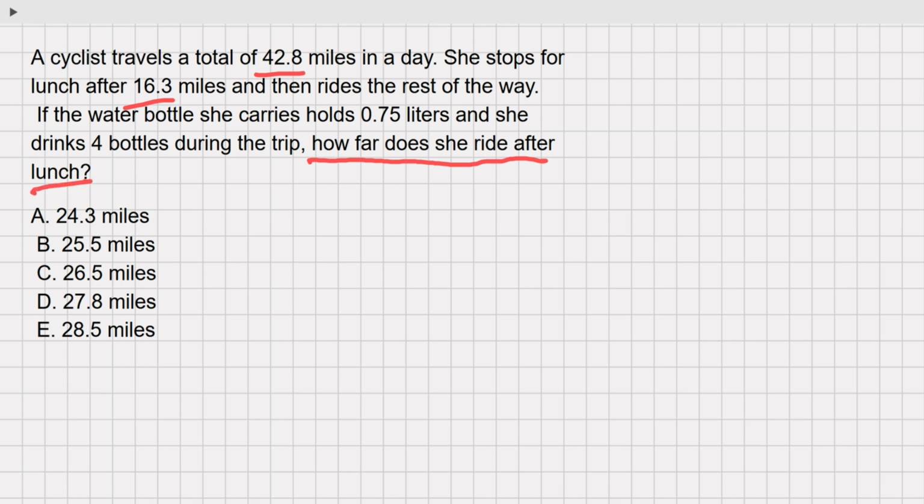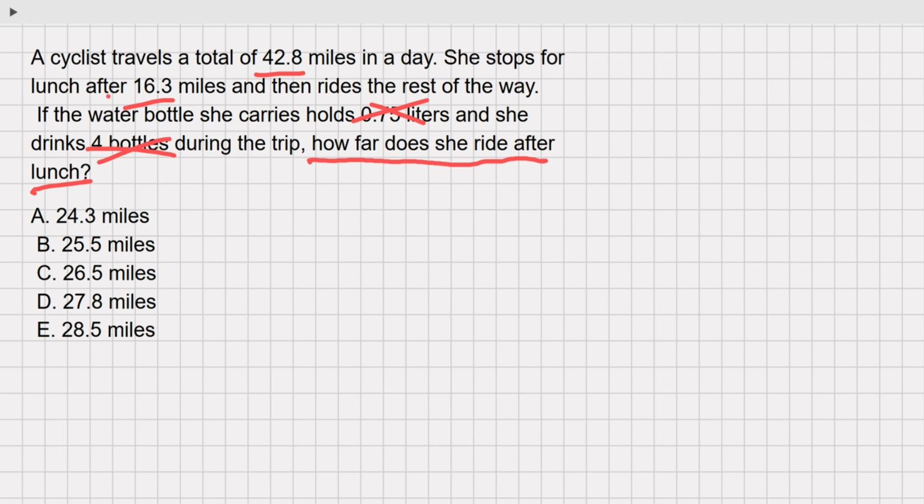Is there any information that we need on the amount of liters or the amount of bottles that she drank? No. I wasn't recognizing that when I first read this, and I was like, what does liters? I was just confused. I was like, none of these have anything to do with each other.